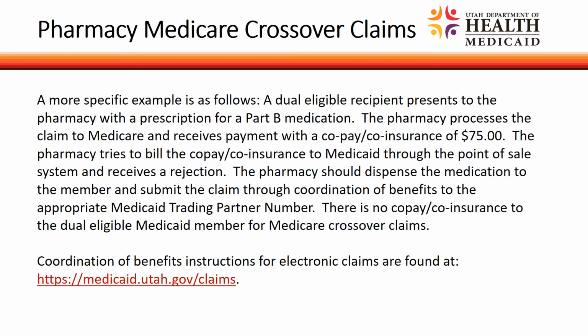The pharmacy should dispense the medication to the member and submit the claim through coordination of benefits to the appropriate Medicaid trading partner number. Remember, there is no copayment or coinsurance for the dual eligible Medicare-Medicaid crossover claims. Coordination of benefit instructions for electronic claims are found on our website.